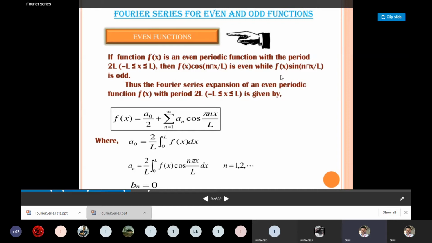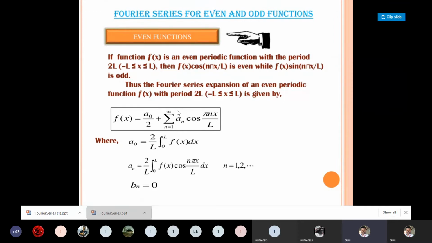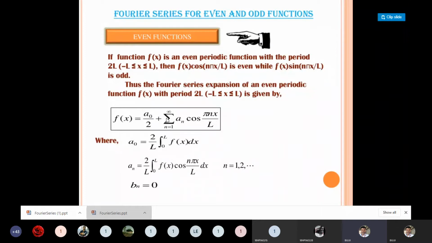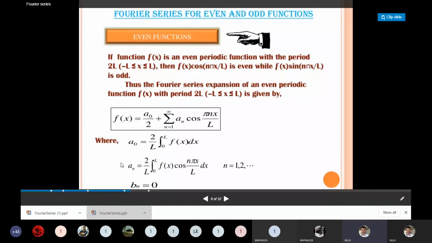That is a simple technique. Thus, the Fourier series expansion, first of all we see the even function, an even periodic function f of x in the period 2L, minus L to plus L. The basic formula is f of x equal to a naught by 2, the DC term, plus sigma n equal to 1 to infinity an cos n pi x by L. Our aim is to find both things, that means a naught and an, no bn.